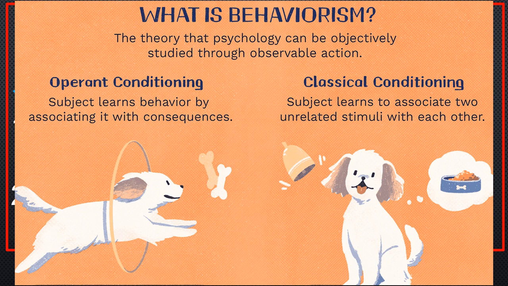Just like in the differential association theory of Edwin Sutherland, sinasabi niya na kung ano yung kasama mo, siya yung ugali mo. So kapag masama yung kasama mo, magiging masama ka rin. In like manner, pag mabuti yung mga kasama mo, mabuti rin ang magiging ugali mo. So that is a parallel principle. Yun ang ibig kong sabihin diyan.